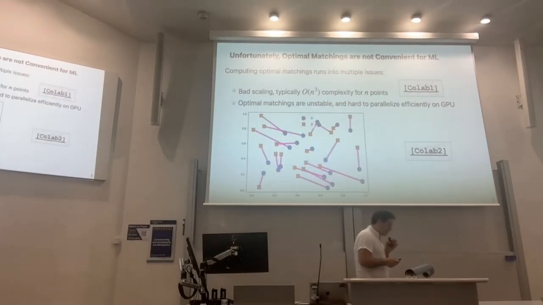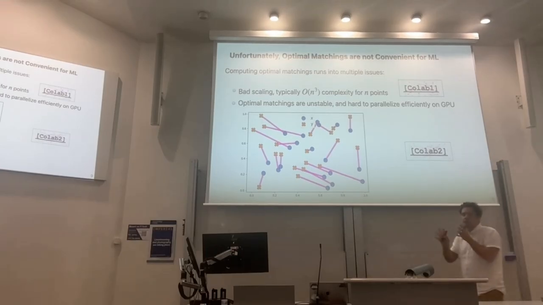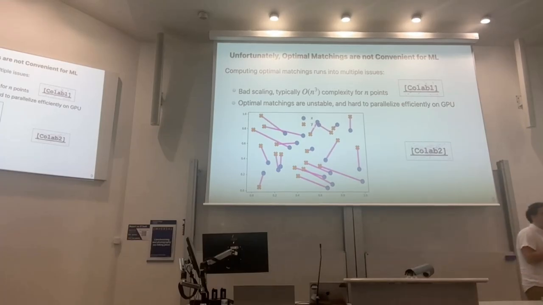So I would like you to keep in mind this overarching goal of trying to compare data, but this model is not going to work, for reasons, and every time we extend or change it, we are going to branch into different areas of the field. As I mentioned, this is very slow. I didn't say why, but roughly the worst case complexity of the Hungarian algorithm is cubic in the number of points.